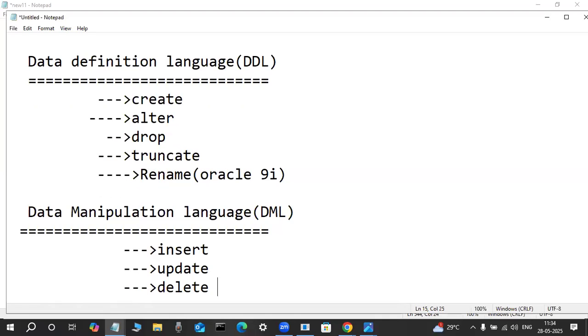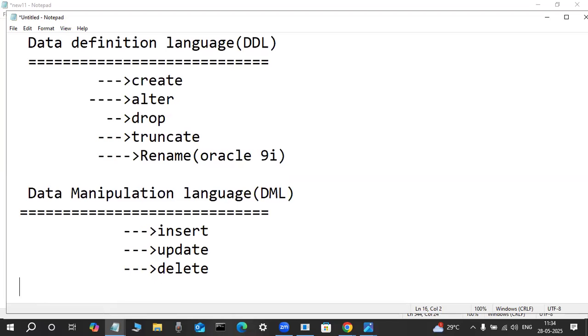But unfortunately, Oracle always has an extra concept. In all databases, DML means insert, update, delete. But on the Oracle side, and nowadays on the SQL Server side also, they are copying a new ANSI standard concept: Oracle 9i onwards, SQL Server 2003 onwards.